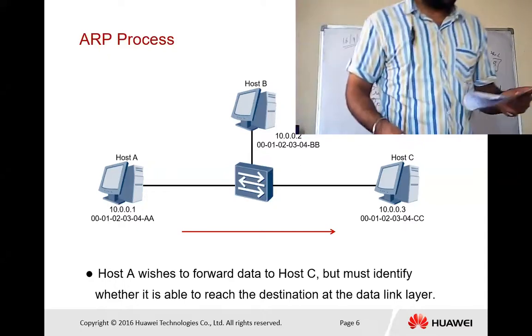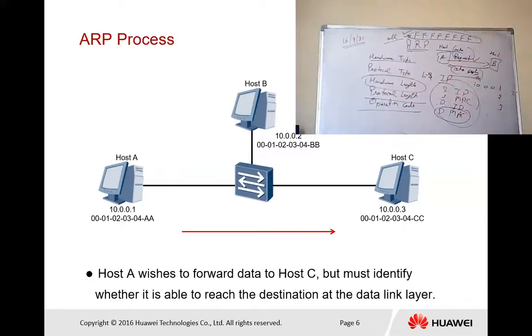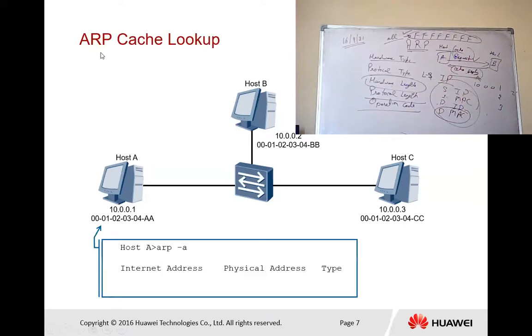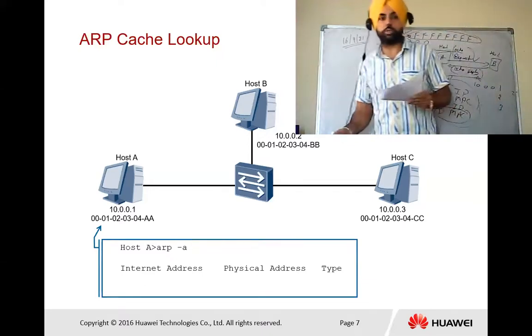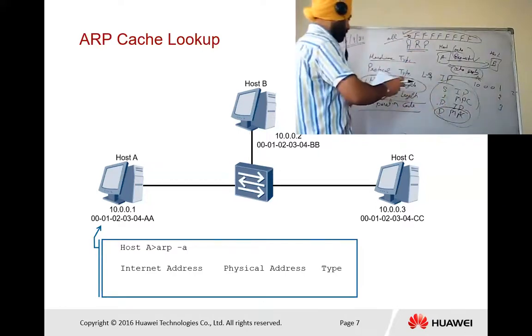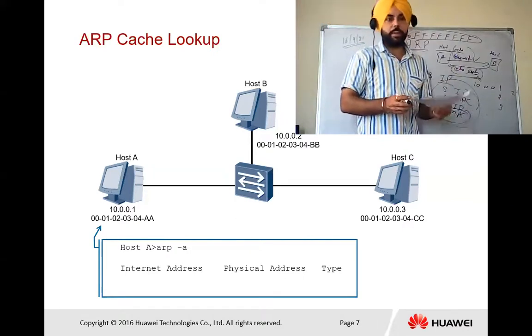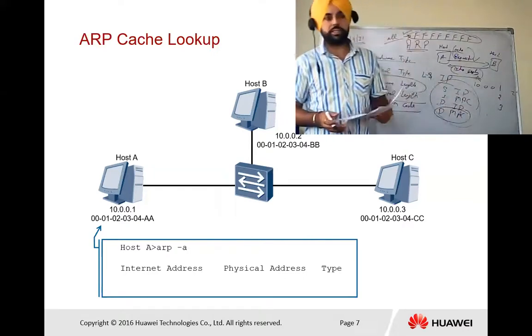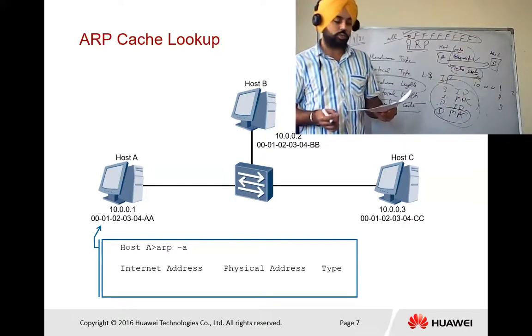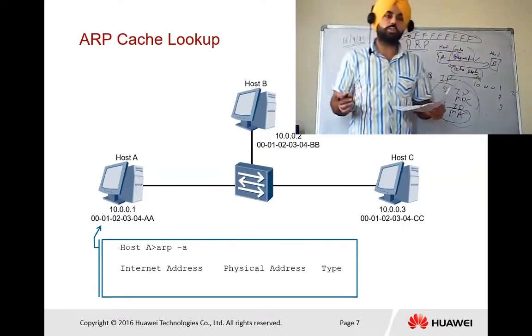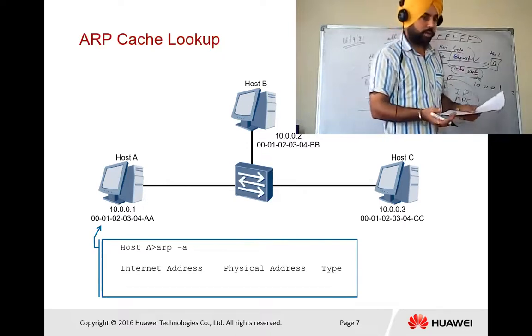So next we have ARP cache lookup. Suppose, in this case, host A wants to send a packet to host B. First, it will check the MAC table to see whether host A has the MAC address of the destination or not.